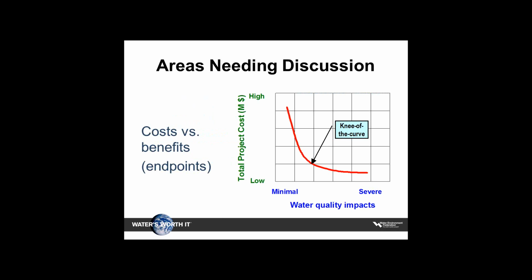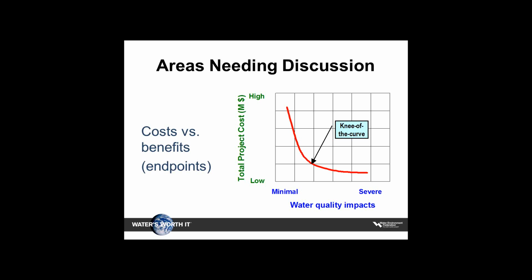And then finally, this whole cost versus benefit, and this gets back to the endpoint discussion. Within the CSO policy, you can look at what's called the knee of the curve, where you look at your water quality impacts or compliance, from minimal to severe, and then you look at the total cost of your project.